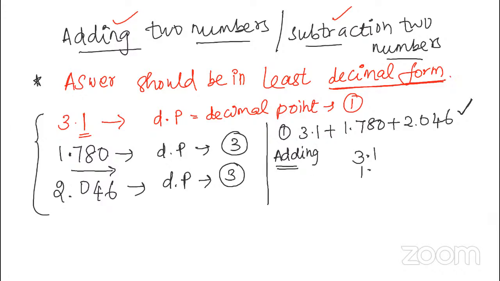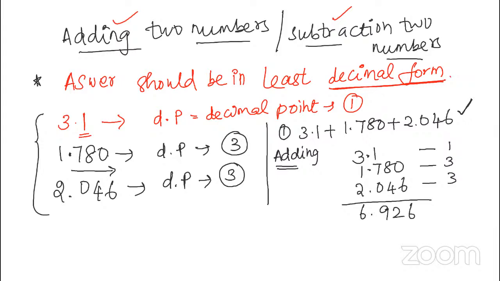3.1, 1.780 and 2.046. Okay, here we can write the decimal points at the corners. So 133. Okay, so here the answer will be 6.926. Okay, right.